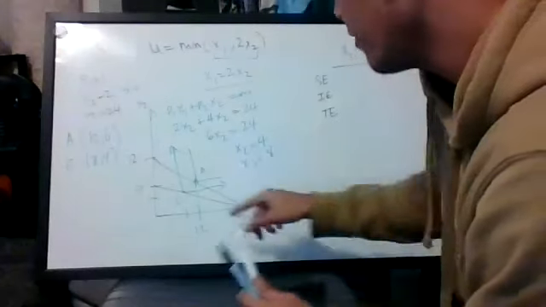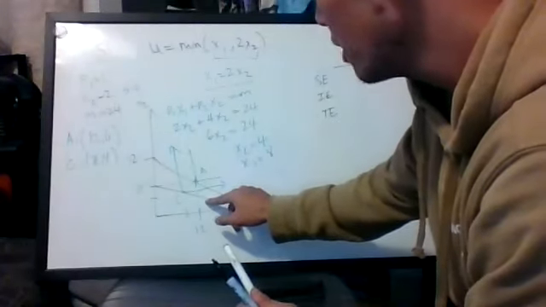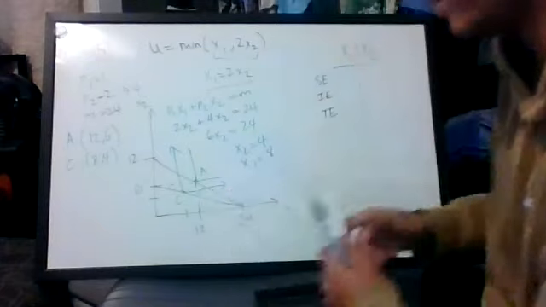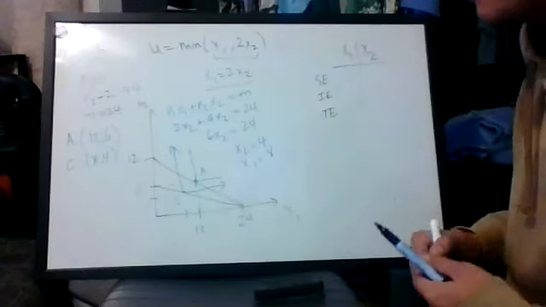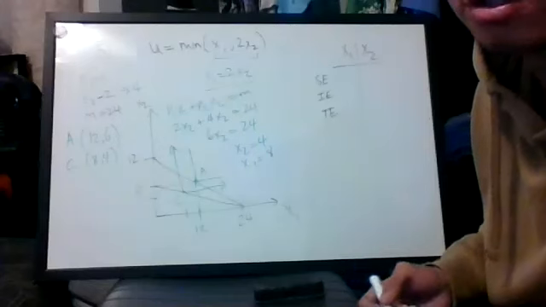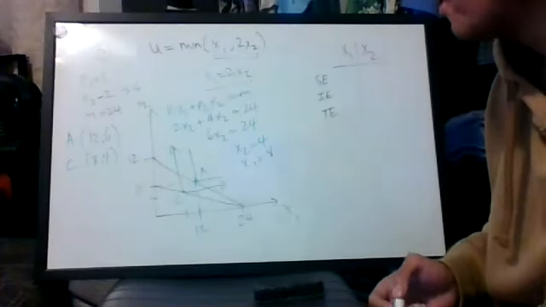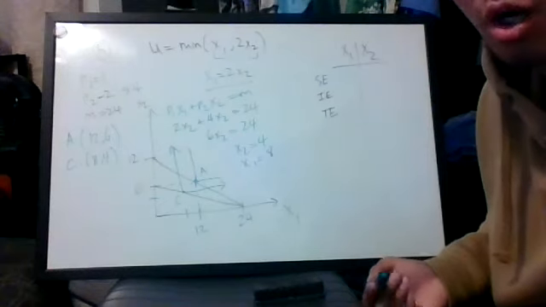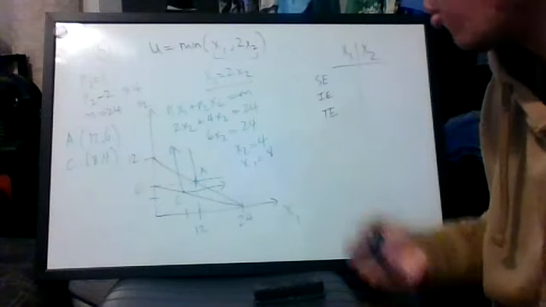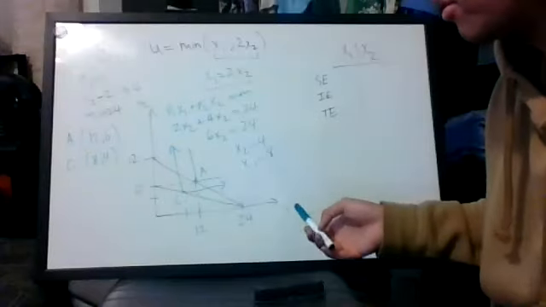We also know that it's going to have the same exact slope as we did before, right? But because we're not dealing with a continuous function, we can't really apply calculus to this. And we're simply going to have to use our intuition, what we already know about perfect complements, in order to solve this, right?